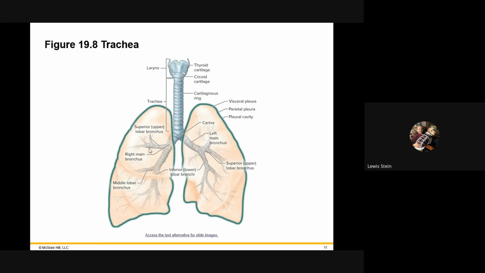None whatsoever. As they get small enough where you begin to not see them, they become bronchioles. Remember, that's a diminutive suffix, O-L-E-S. They're like arterioles. Now, in the bronchioles, those rings gradually are replaced by plates, and where it's not plates, it's smooth muscle.